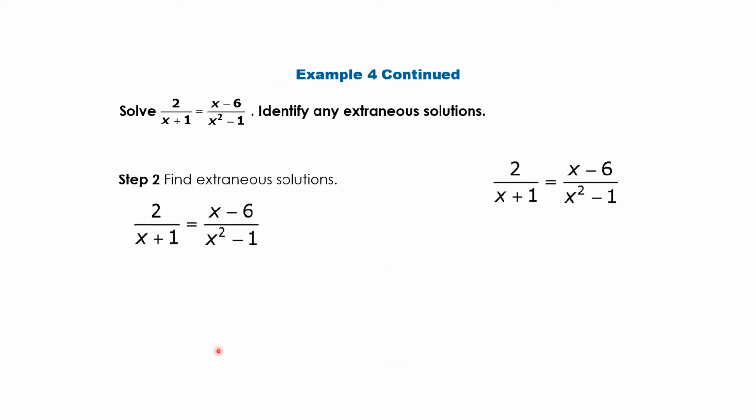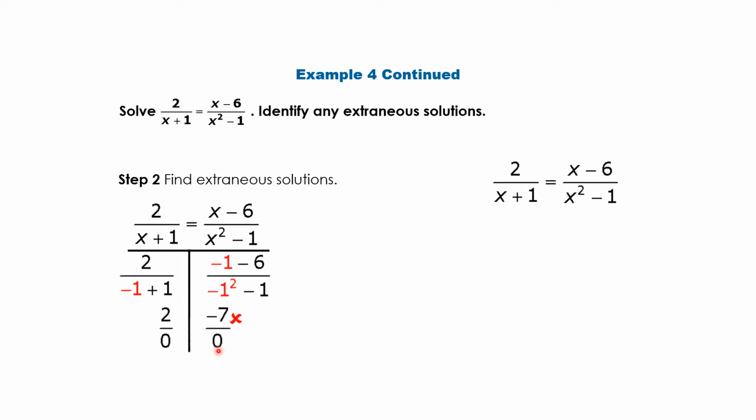Now, let's try to determine whether the two numbers are extraneous solutions or not. So we are going to substitute negative 1. Now, here's what happened. If we substitute x by negative 1, we have 2 over negative 1 plus 1.